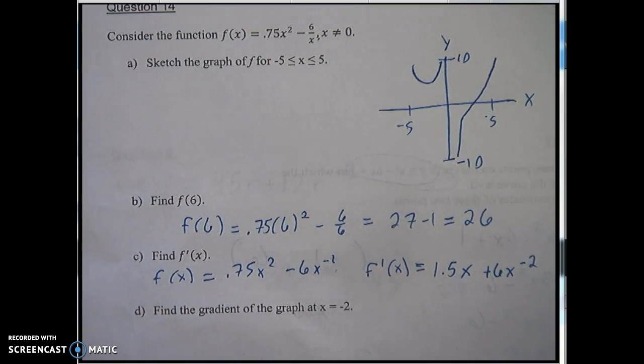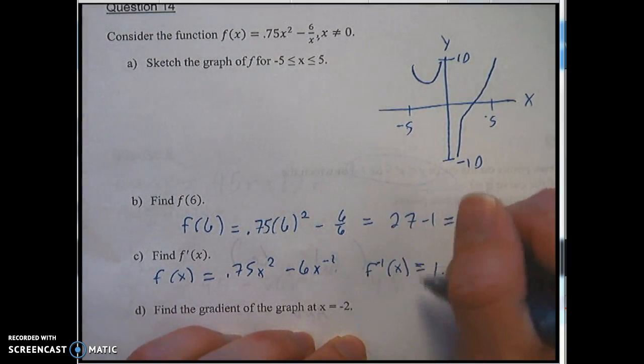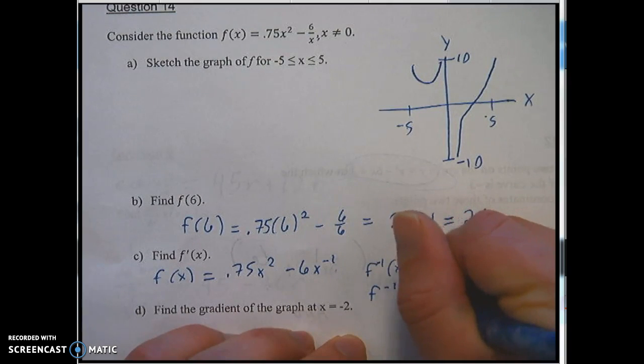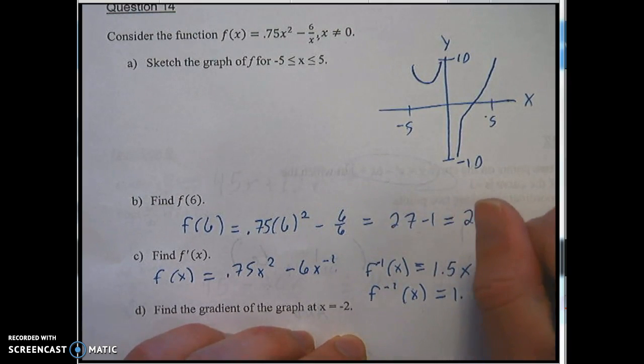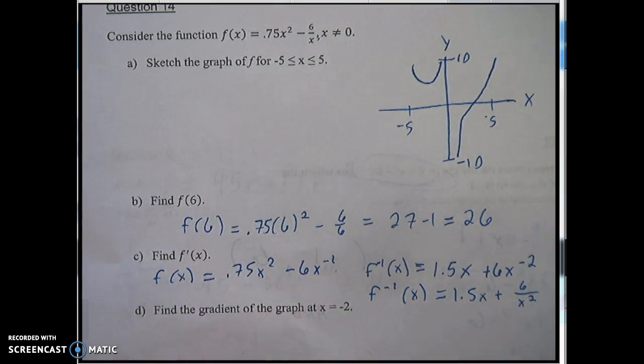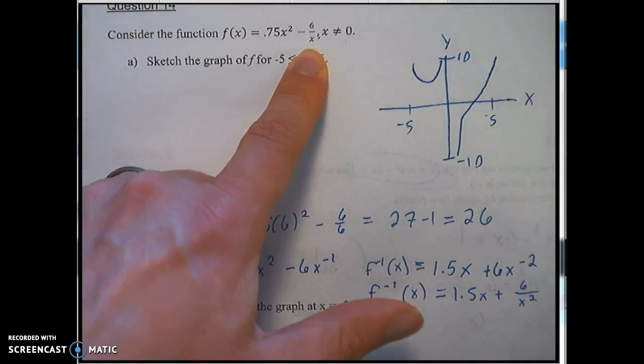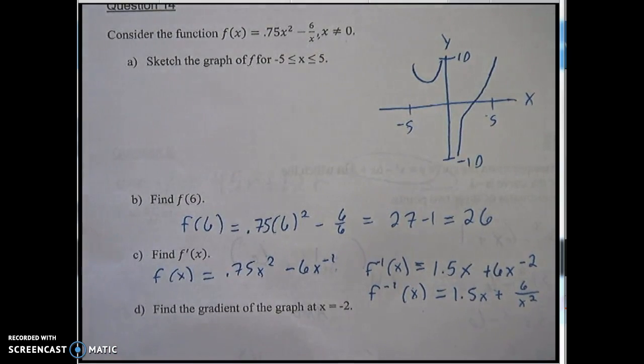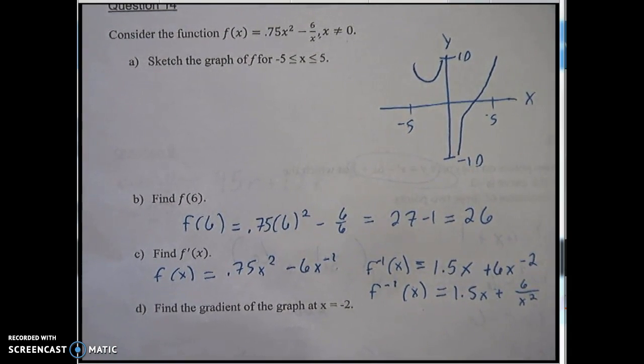You can leave it written in this form, but I personally think that looks kind of goofy. I like to rewrite that as 1.5x plus 6 over x squared. Technically they're both correct, but the problem gave it to you as 6 over x, so it just feels nice to end with 6 over x squared. Personal preference.